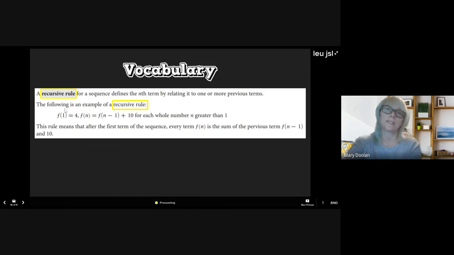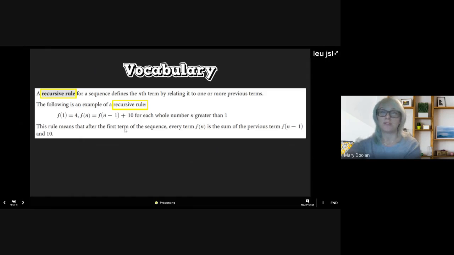So this is an example. If I want to find f of 1, it's defined as 4. So when I give the value of 1 to the function, I get 4. And then f of any number n is going to be equal to f of n minus 1 plus 10. So these are recursive rules.